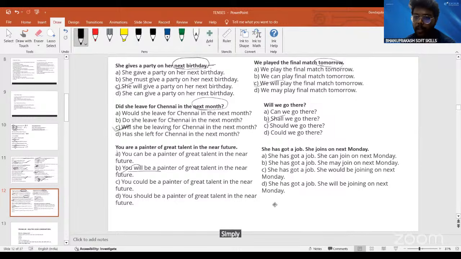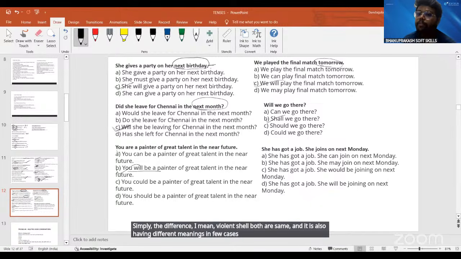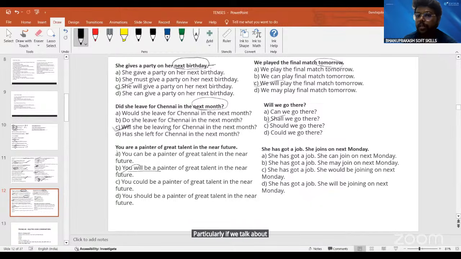Simply the difference. I mean, will and shall are both the same, and they also have different meanings in a few cases. Particularly if we talk about pronoun usage, we use I and we for shall. And for other things we use will, like he, she, it.